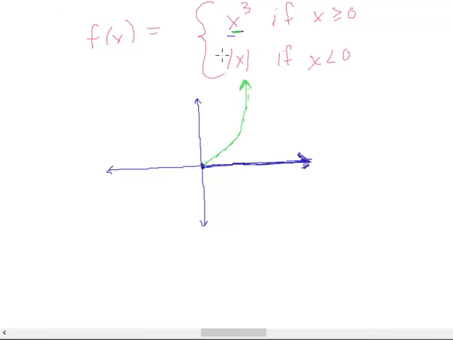Okay, so now it's going to look like the absolute value of x when x is less than 0. So what does the absolute value of x look like? That's the pointy one when it comes down like this. So now it's going to look like that for values smaller than 0. So that would be on this side of the graph. So I'm going to darken in just this side.